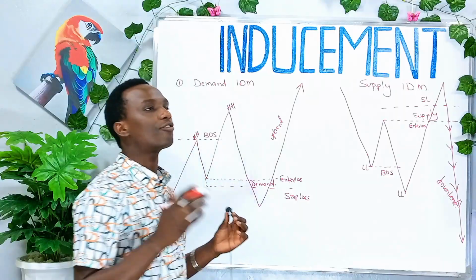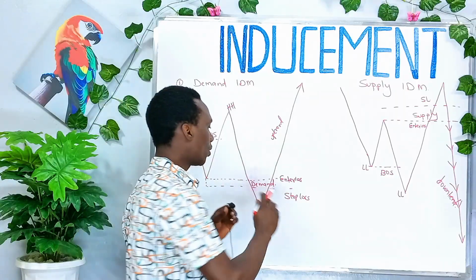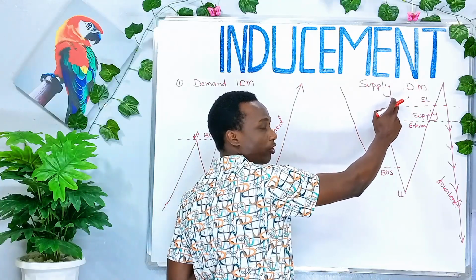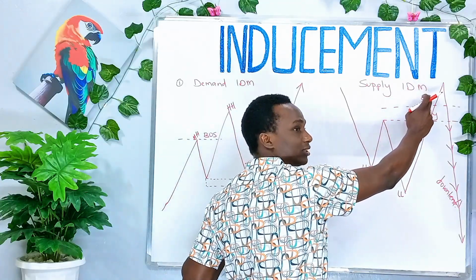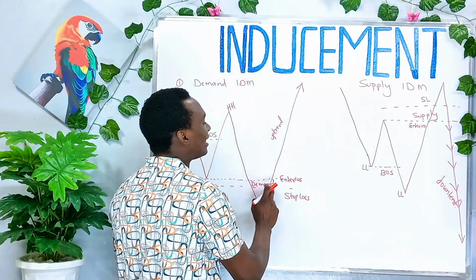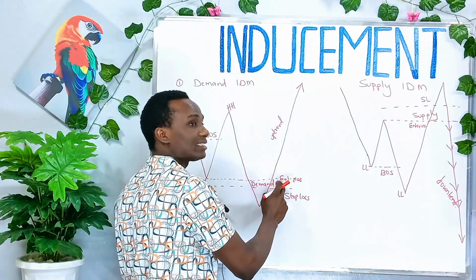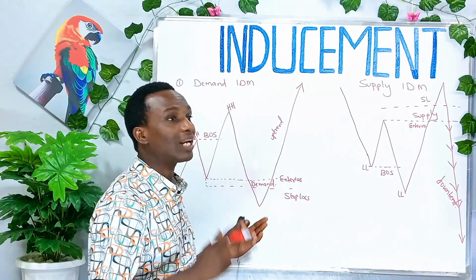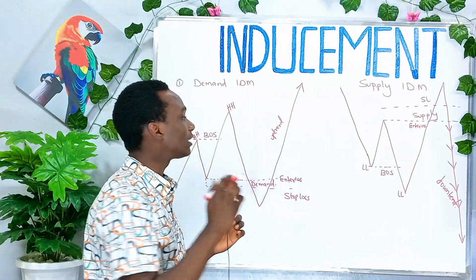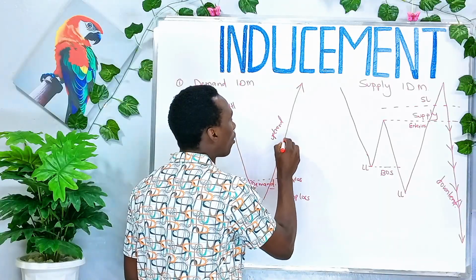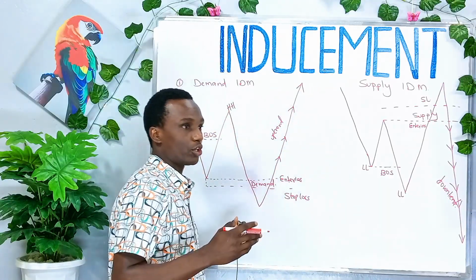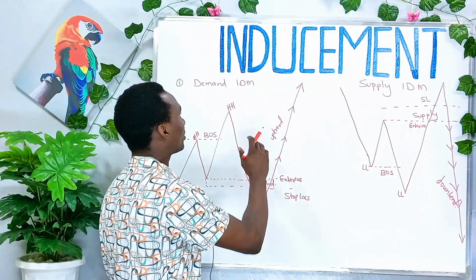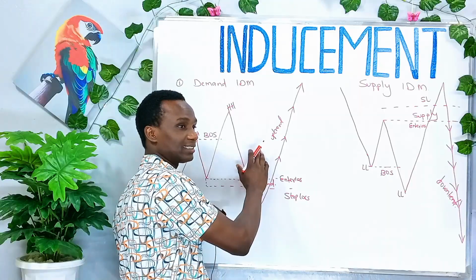But instead of reversing, the price breaks through this demand zone and this supply zone, taking out the stop losses of traders who had entered previous positions on these areas. As soon as this happens, the price reverses and continues moving on the original move.